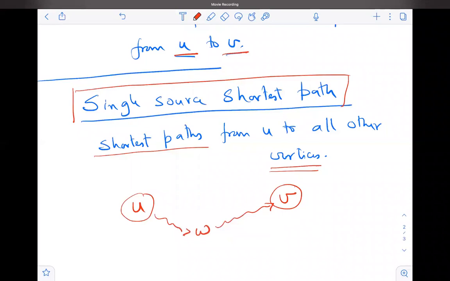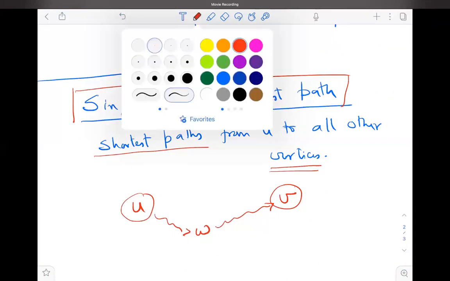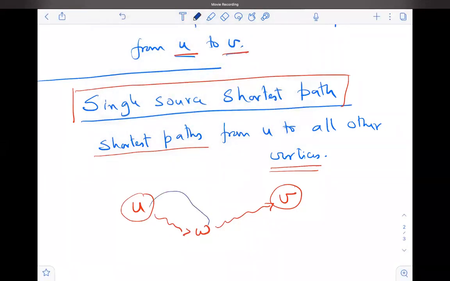So if W is a vertex that is in every path between u and v, then the shortest path from u to v is the shortest path from u to W and W to v. That is correct, because if there is some other path that also goes through W, that means either this part of the blue is more than this part, or this part of the blue is smaller than this red part. So I will update the shortest path between W and v accordingly. So you are right.